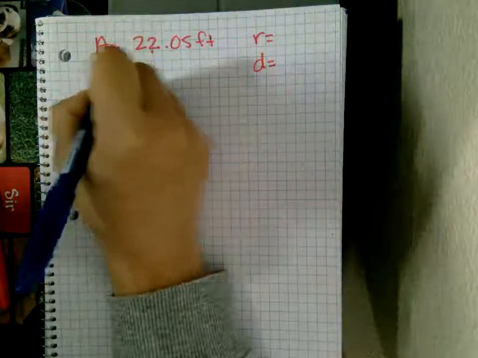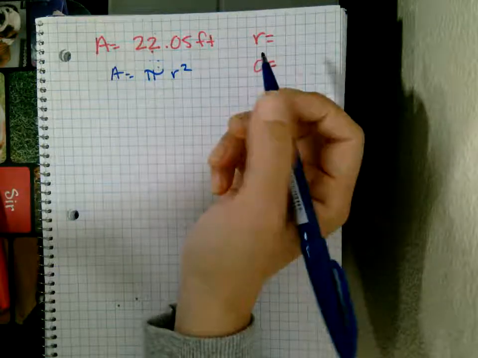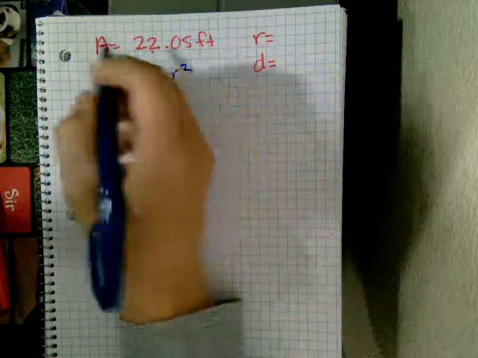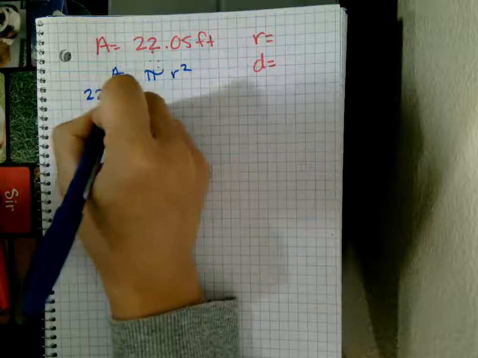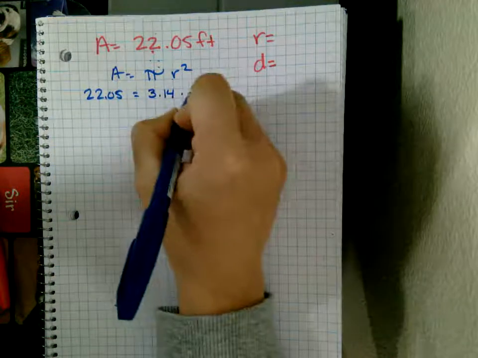Okay, so again, area is pi r squared. So now you're going to plug in the numbers that you know. Well, I know the area: 22.05 is equal to pi, which is 3.14, times radius squared.